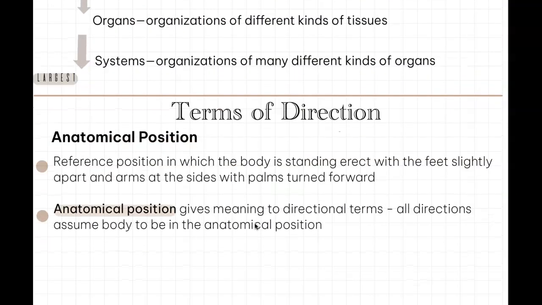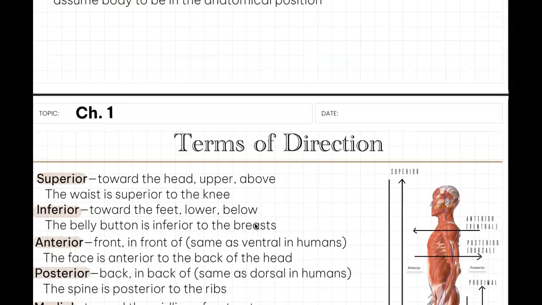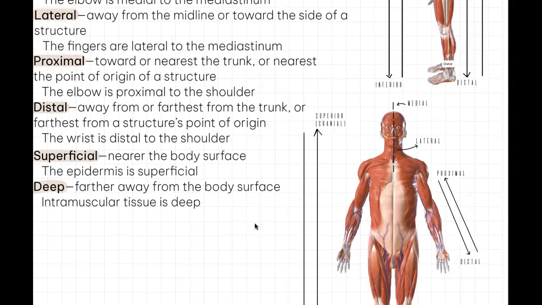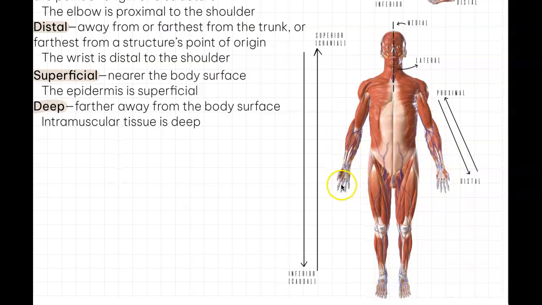Okay, so now that you know what the anatomical position is, we are going to look at those different terms of direction. Before we get into those, I'm going to scroll down and show you this guy down here. This is a male anatomical model that is in the anatomical position. You can see that his arms are to the side, feet slightly apart, palms forward.